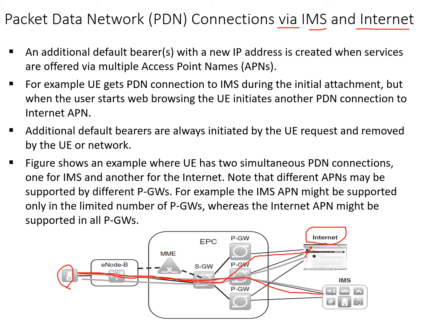So an additional default bearer with a new IP address. Okay, these are two different IP addresses, created, and services are offered via multiple access point names. The figure shows how the UE has two simultaneous PDN connections, one for IMS, another for internet.